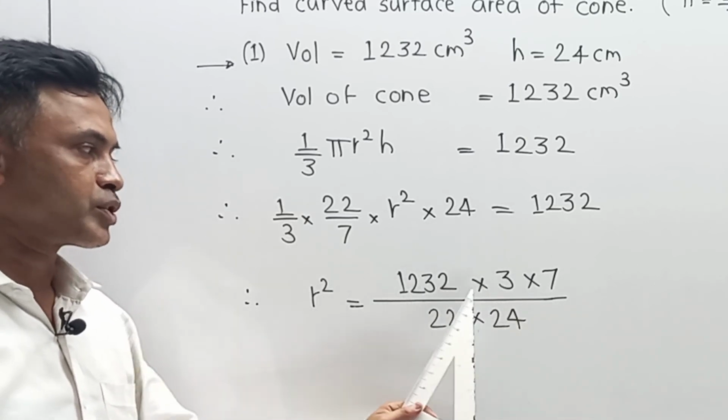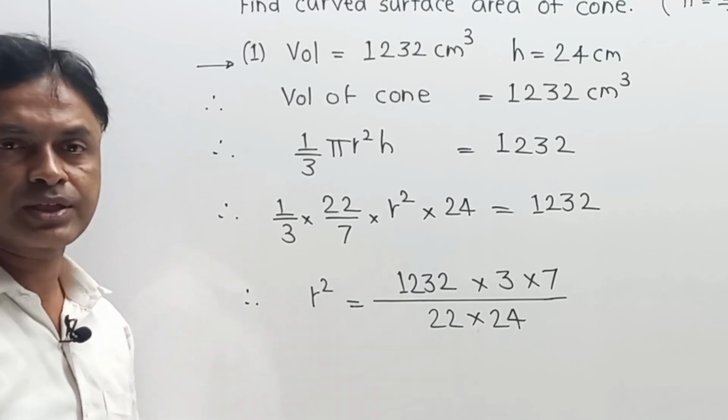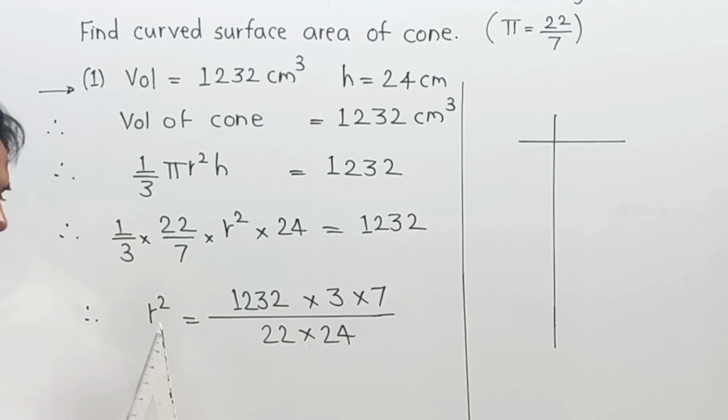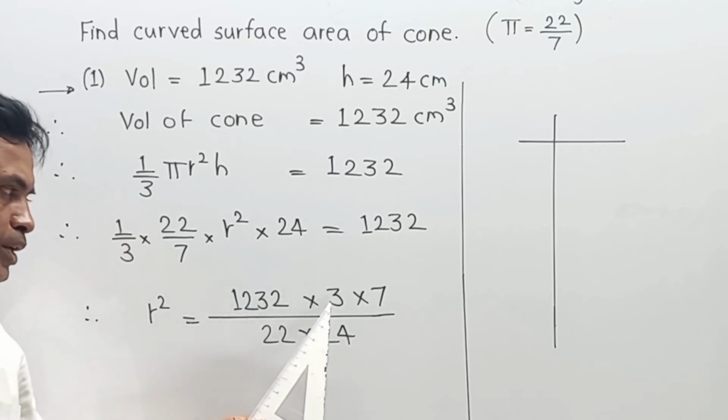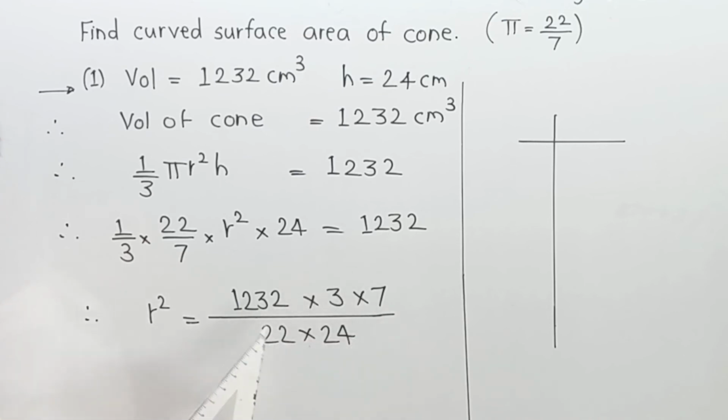The main part is simplification of 1232. Now r square is 1232 into 3 into 7 divided by 22 into 24. All numbers are small, just 1232 is larger in terms of quantity.